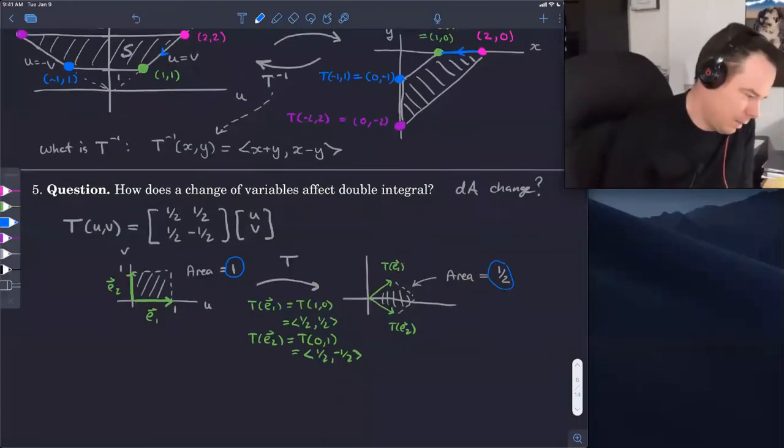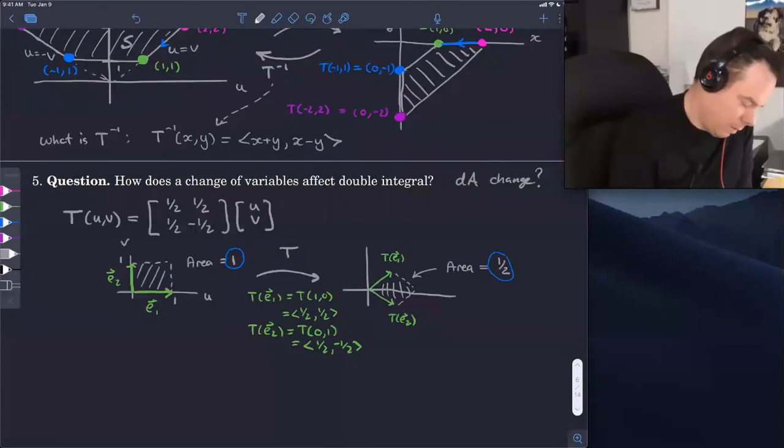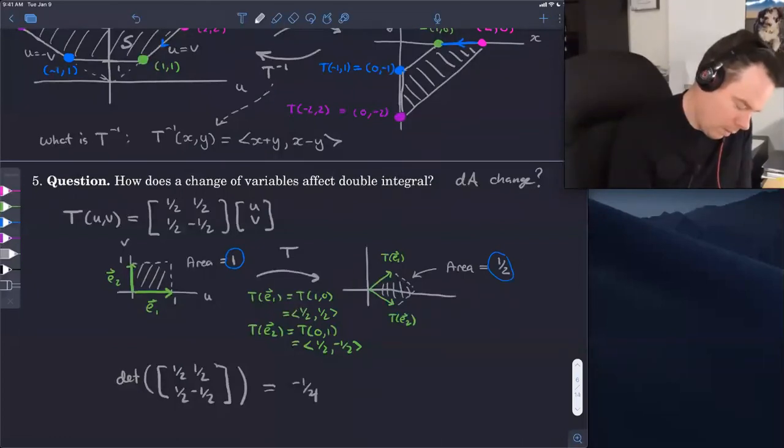How can I detect this? What is it related to? Where did this half come from? Well, here's where the half came from. If we take the determinant of the transformation, then the determinant is negative a quarter minus a quarter, or negative a half.